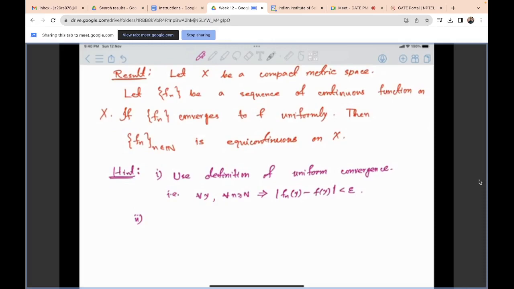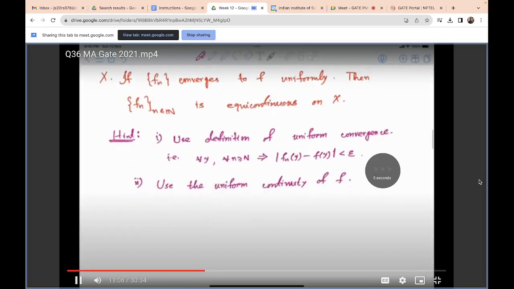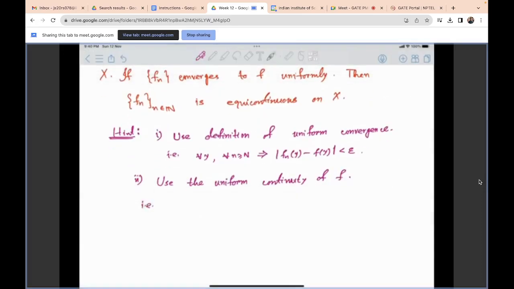So f is continuous, and this is a compact metric space, so f will be uniformly continuous. What does this mean? It means there is some delta dash bigger than 0 such that for all x and y in X, if d(x,y) is less than delta dash, this implies |f(x) minus f(y)| is less than epsilon.